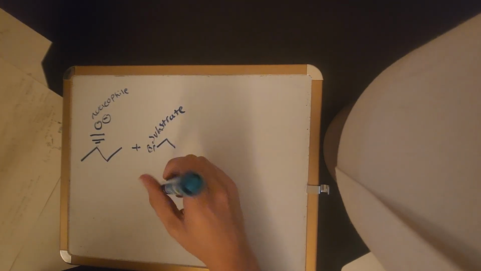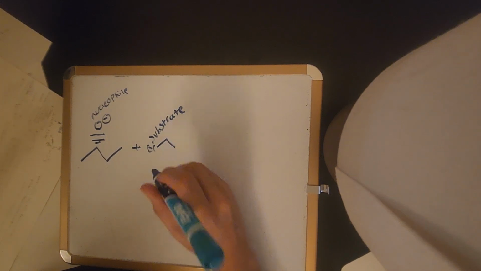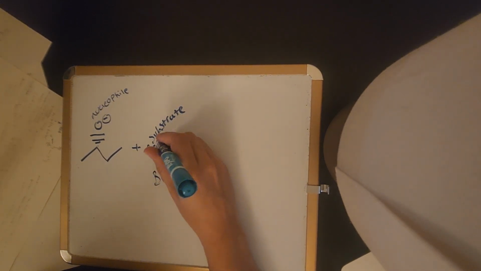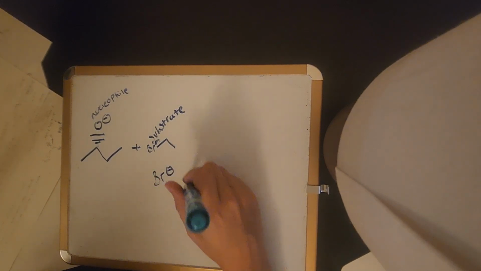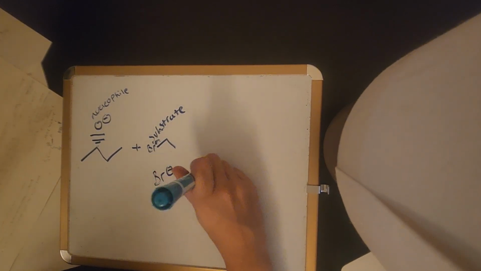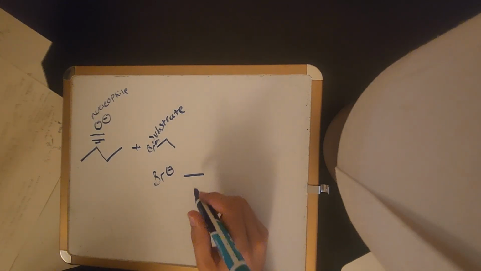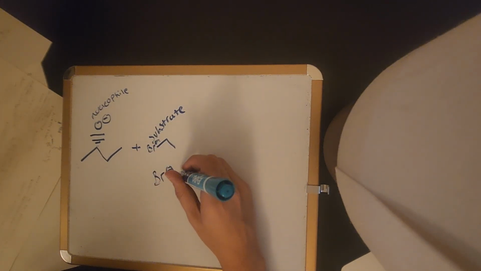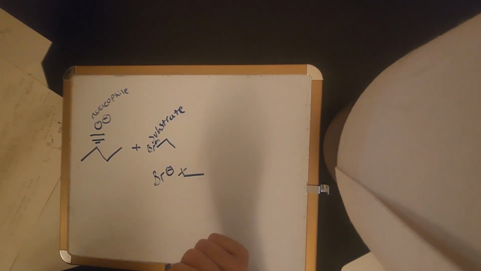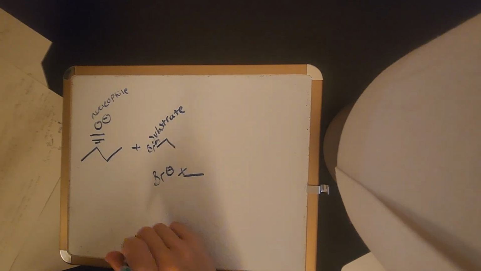So since this is the substrate, Br is going to take its 2 electrons and become Br minus, and you're left with this. And then you're going to want to attach the nucleophile. So how you're going to attach the nucleophile is, here, this will have a positive.